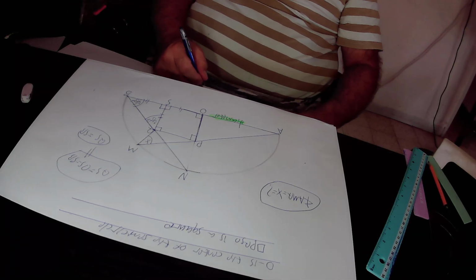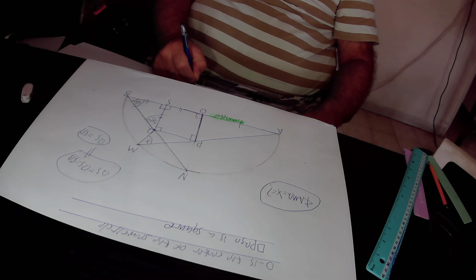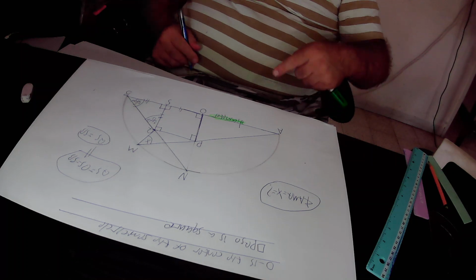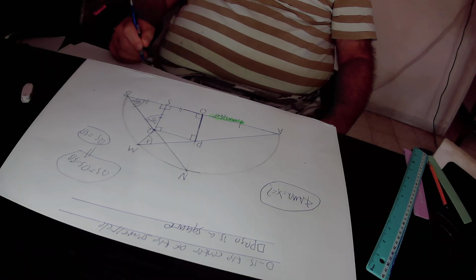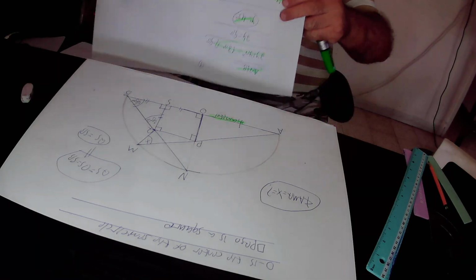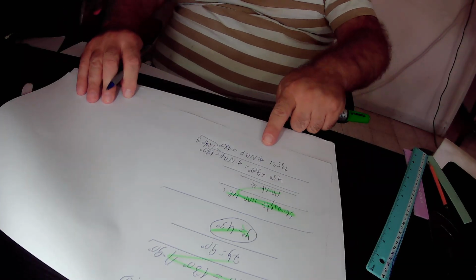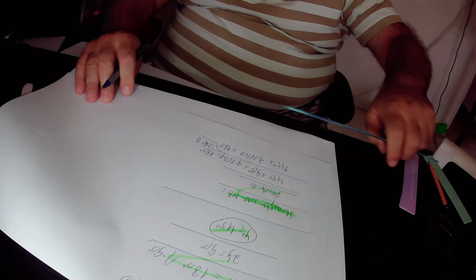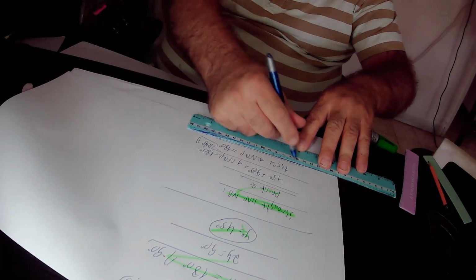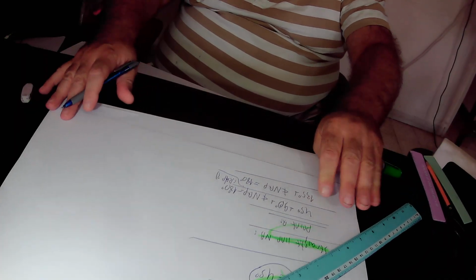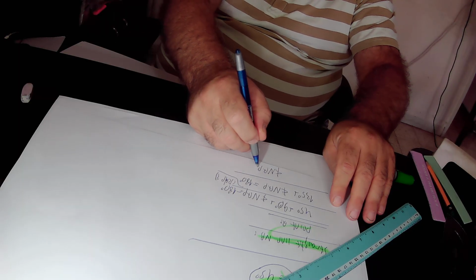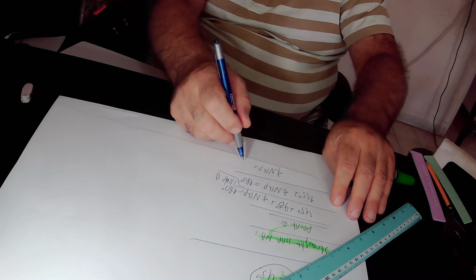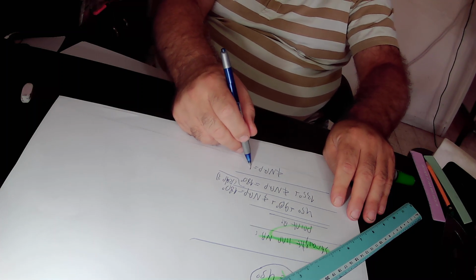So 135 degrees plus the missing angle NQP, in total, must be equal to 180 degrees. We subtract 135 degrees from this equation, and we get that the missing angle NQP equals 180 degrees minus 135 degrees, which is 45 degrees.